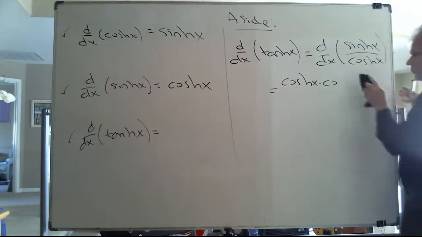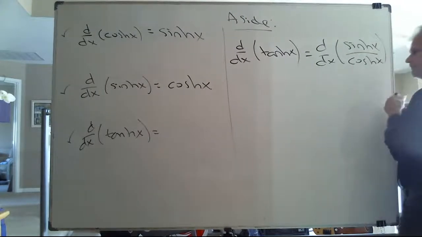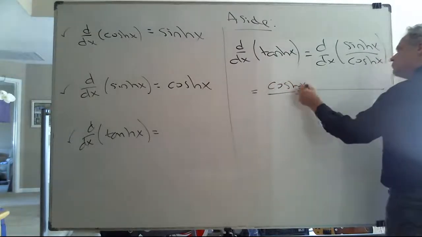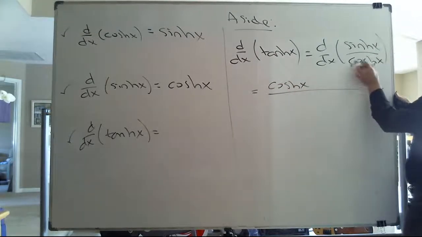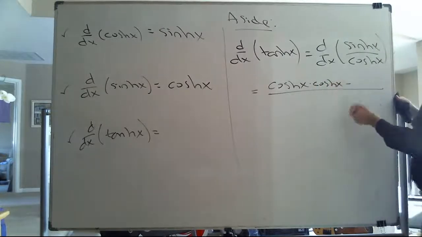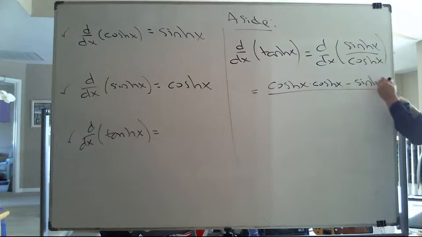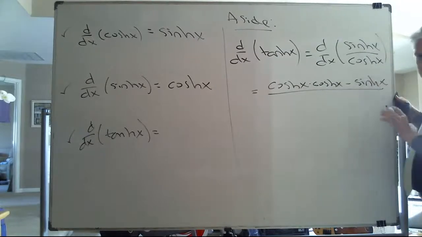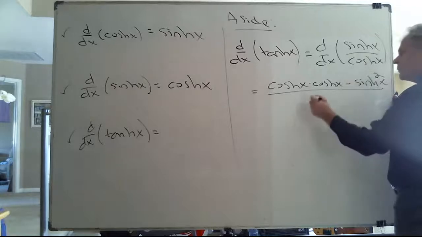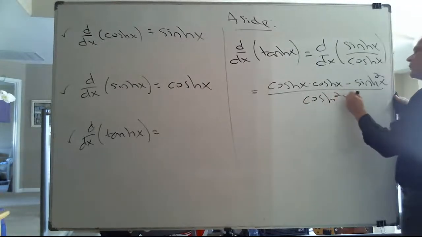And then running out of room. There's my downstairs, times the derivative of the upstairs, minus the upstairs, times the derivative of the downstairs, but I'm running out of room, so can I cheat? All over my denominator, squared.